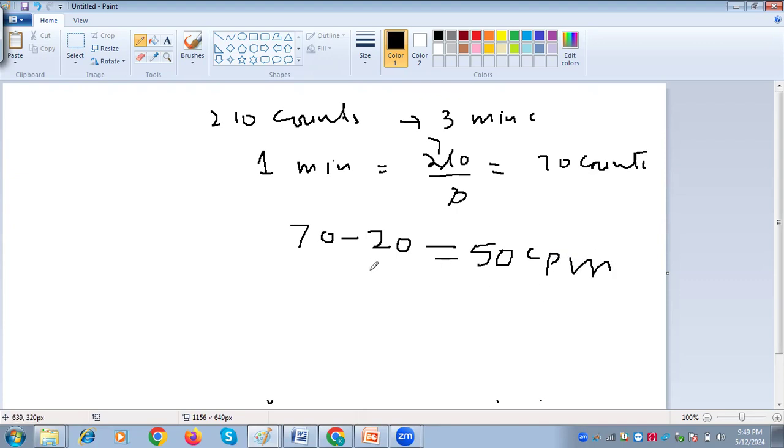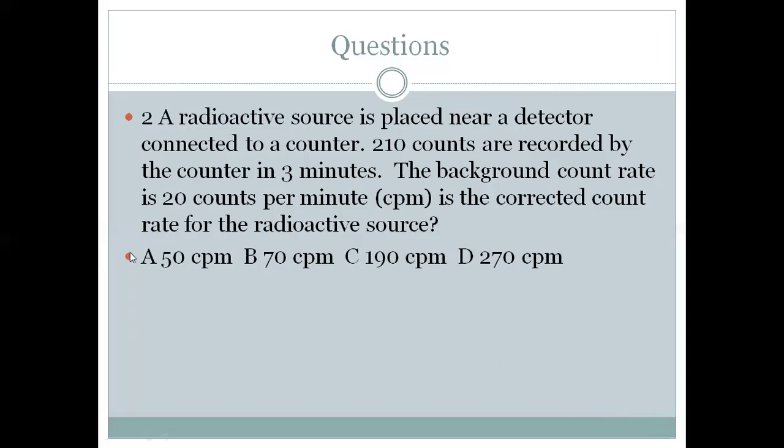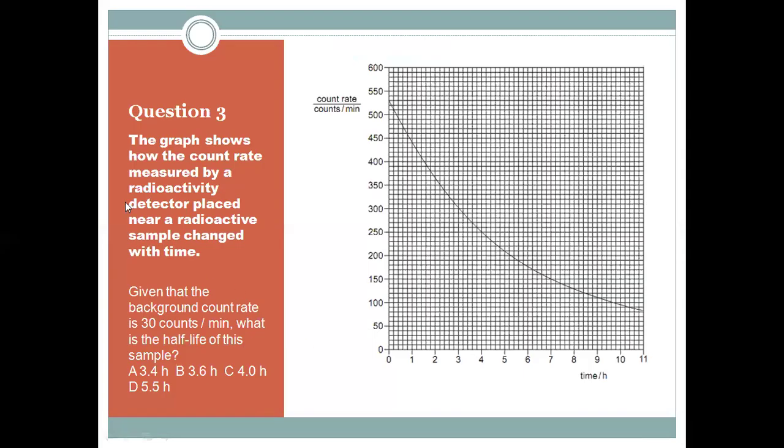So you have to subtract the background counts from this. Okay, now let us go to the next question. So the answer is A.